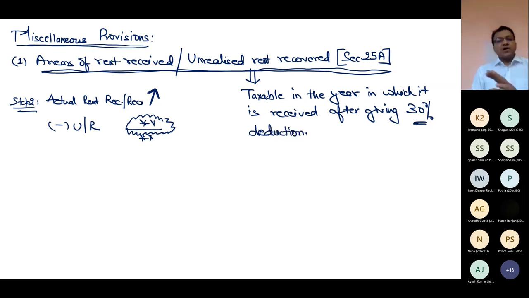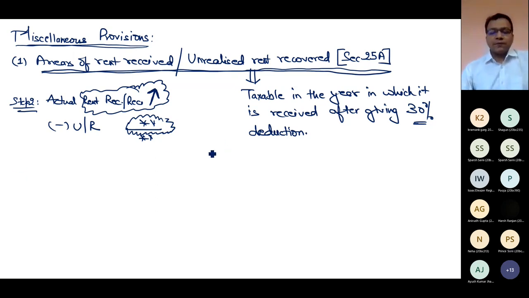Because had there been no unrealized rent earlier, it would have been a part of my actual rent and I would have given 30% deduction earlier also. So by default, when you recover it, you simply deduct a flat 30% standard deduction, and whatever is the figure, you add it as recovery of unrealized rent, section 25A.